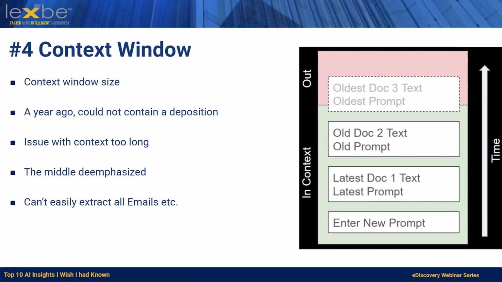A year ago, it could not hold a 75-page deposition. It could hold maybe 30 pages. And it couldn't do a great job of summarizing a deposition. It did an okay job, but not a great job.